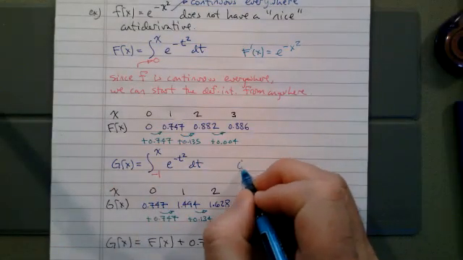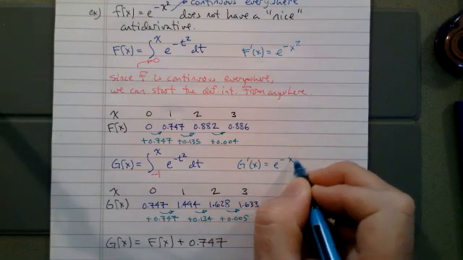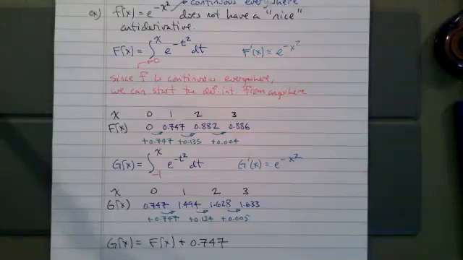So the derivative, capital G prime of x, is e to the minus x squared. Two different antiderivatives of the same function. Any questions?